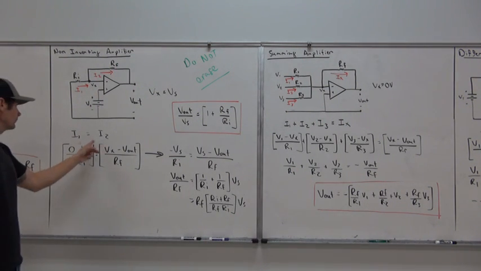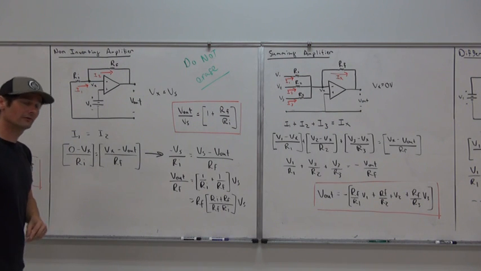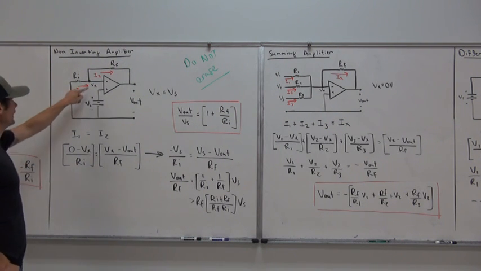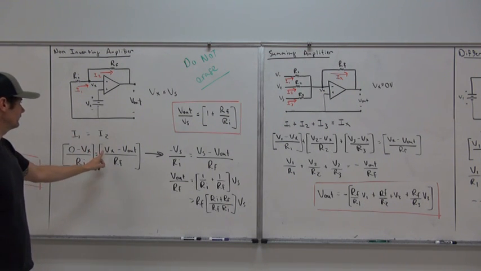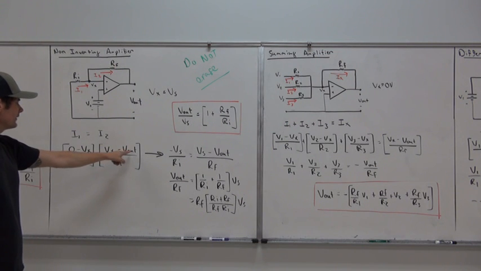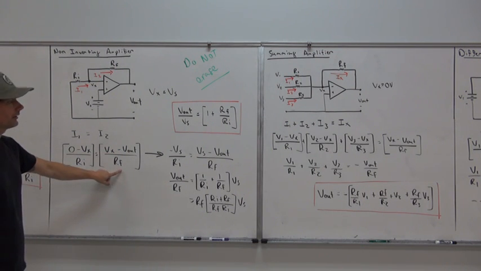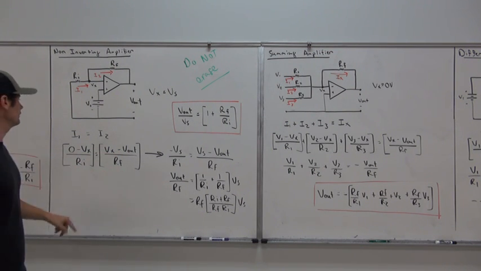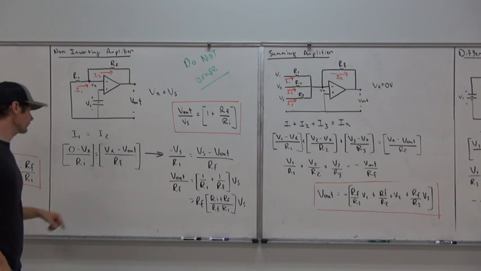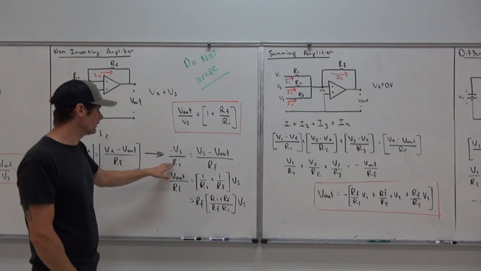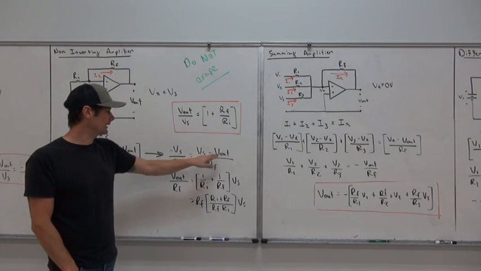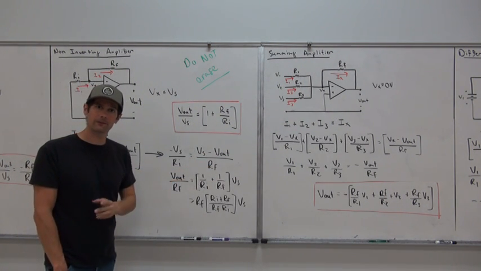So in this case, I1 is equal to I2, but this time we're going from ground to Vx. So 0 minus Vx over Ri is equal to Vx minus Vout over Rf. Here, Vx is just equal to Vs, so if we substitute, we get minus Vs over Ri equal to Vs minus Vout over Rf.